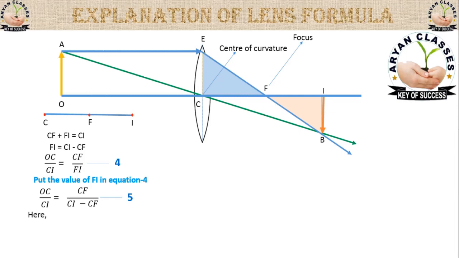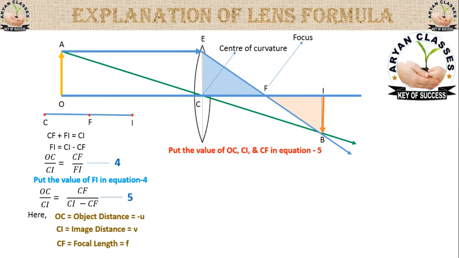Here OC equals the object distance, which is denoted by minus u for a convex lens. CI equals the image distance, which is denoted by v. CF equals the focal length, which is denoted by f. Put the values of OC, CI and CF in equation 5.